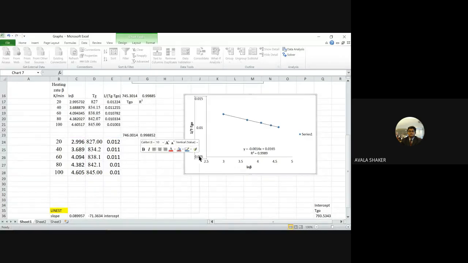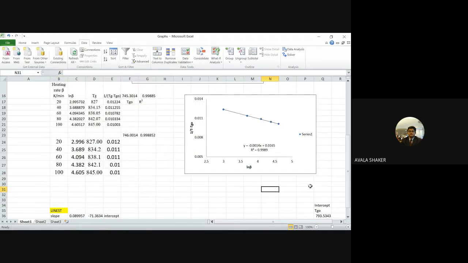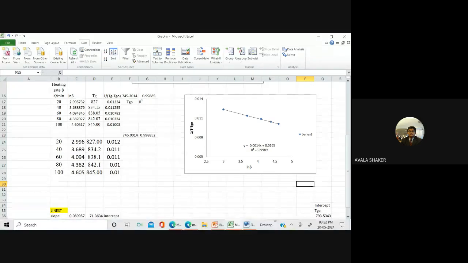I have a few more values here if you would like. 0.05. Okay, so what we have done is that this R square is now 0.9989.